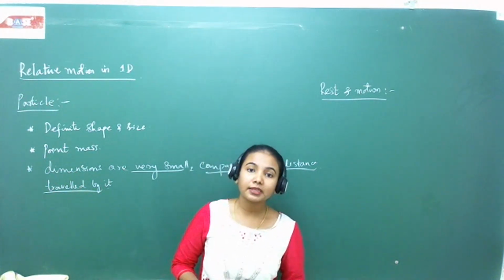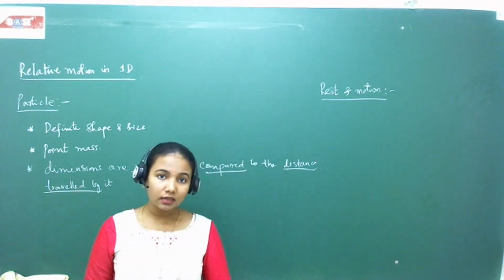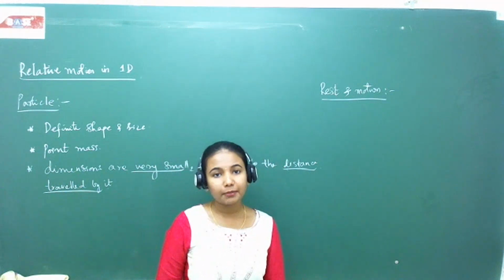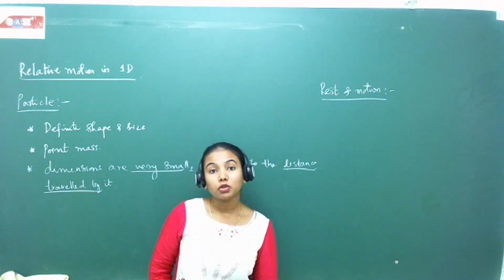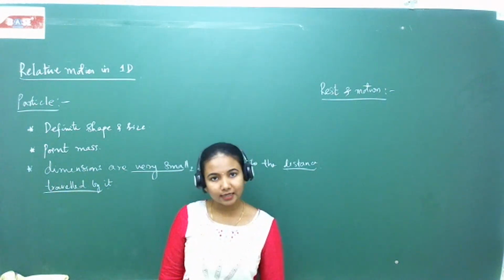And a particle is in motion if the body changes its position in the given interval of time, or in equal intervals of time. That is what we call motion.